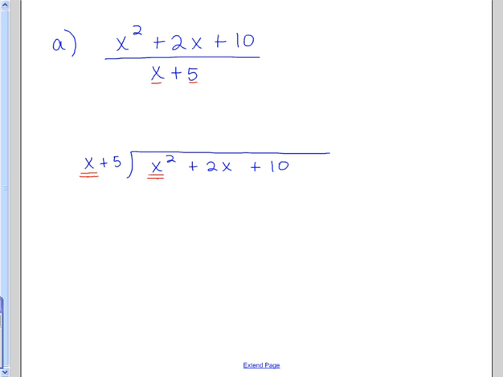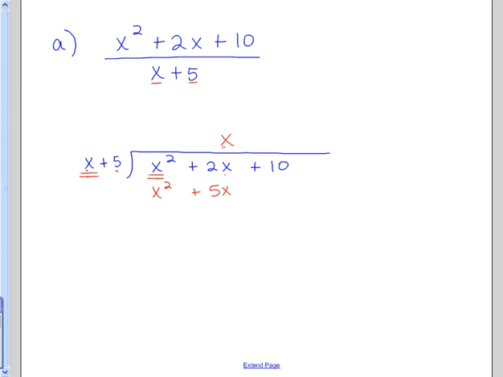So we skip a space, write it over its like term, see that it's written over 2x. Once you get the term on top, then you're going to multiply. X times x is x squared, and x times 5 is 5x. Okay, so it's kind of like distributing here. Multiply x times both terms in the binomial.